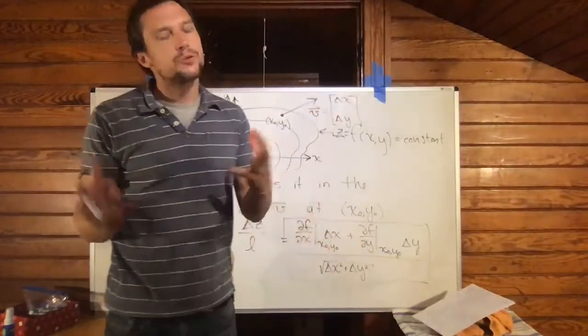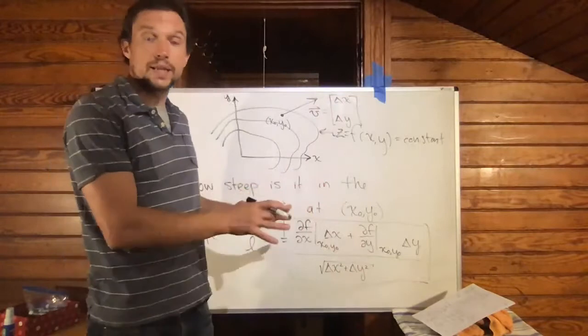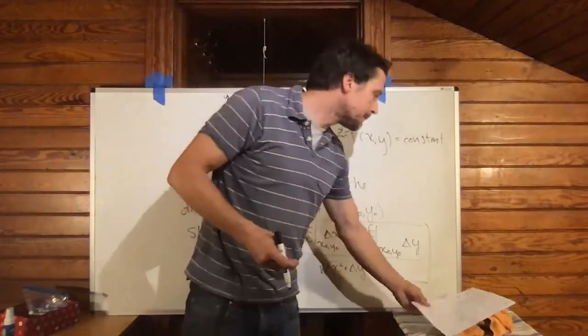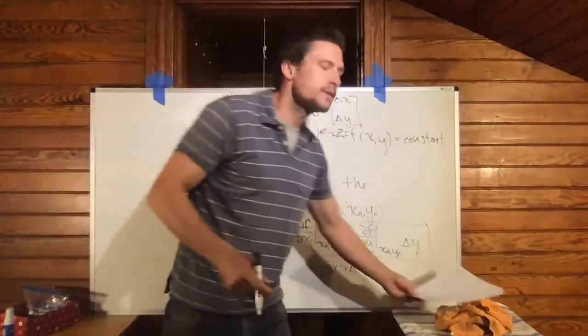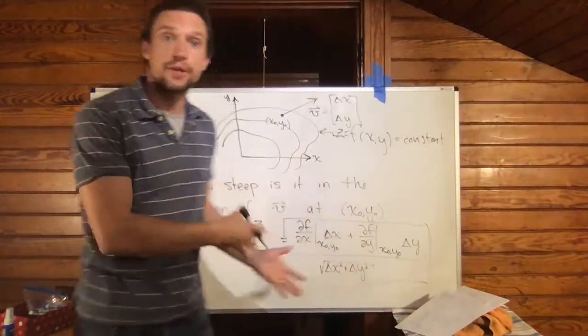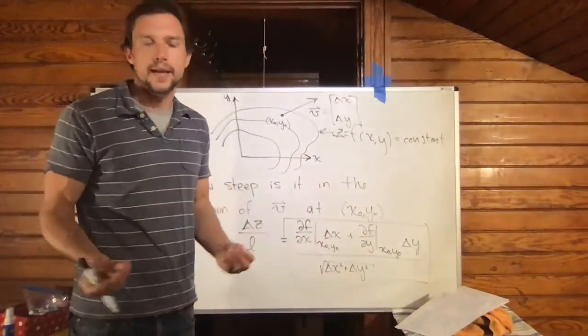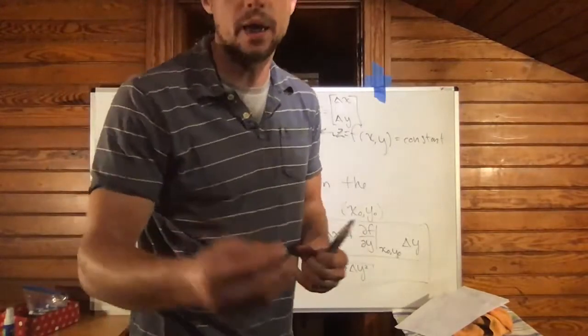I'm just going to introduce a little bit of notation now. I'm not going to do anything else with this, but just to introduce some notation, and then I'm going to describe some new terminology for this thing. So I don't want to keep calling this slope because it has a different name. All right, so let me erase the board and introduce that new terminology.